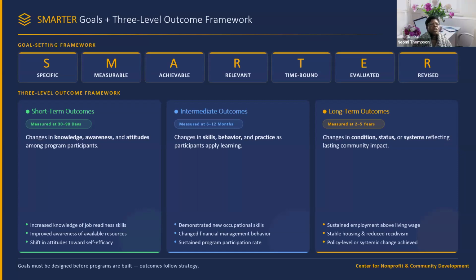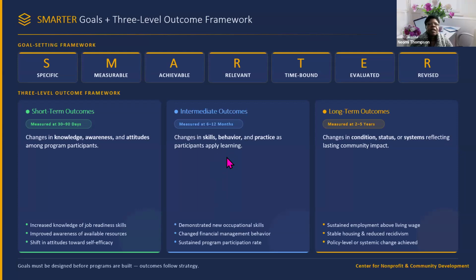Changes in knowledge, awareness, and attitude among program participants. Increase knowledge of job readiness skills, improve awareness of available resources, shift in attitude towards self-sufficiency. Get out of welfare. Self-sufficiency. All right. That's measurable. That's SMART and measurable.